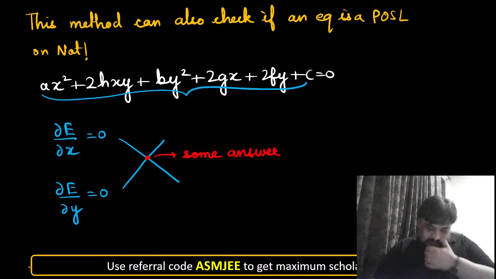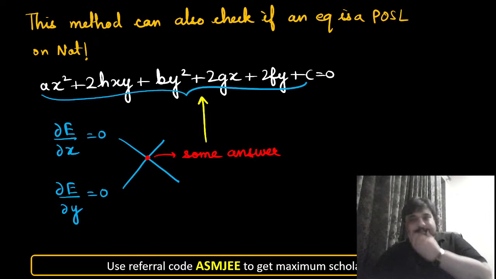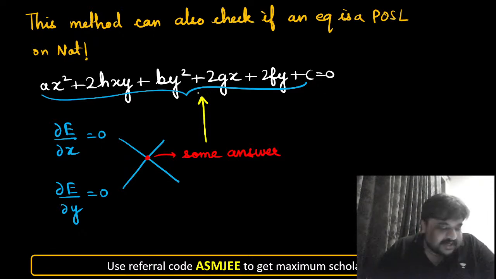Now what happens if you put that answer here and you get 0? It must be a pair of straight lines, right? If you put that answer here and it becomes 0, then it must be a pair of straight lines. Yes or no?